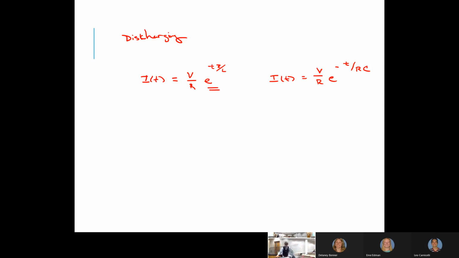So if I went back, the potential drop across the inductor is given by the inductance times the change in current per unit time. So if your current ends up becoming constant, then this piece ends up going down to 0. If it's constant, the change in the current is 0, and so the potential drop across the inductor is 0. In other words, it's acting like a perfect wire.